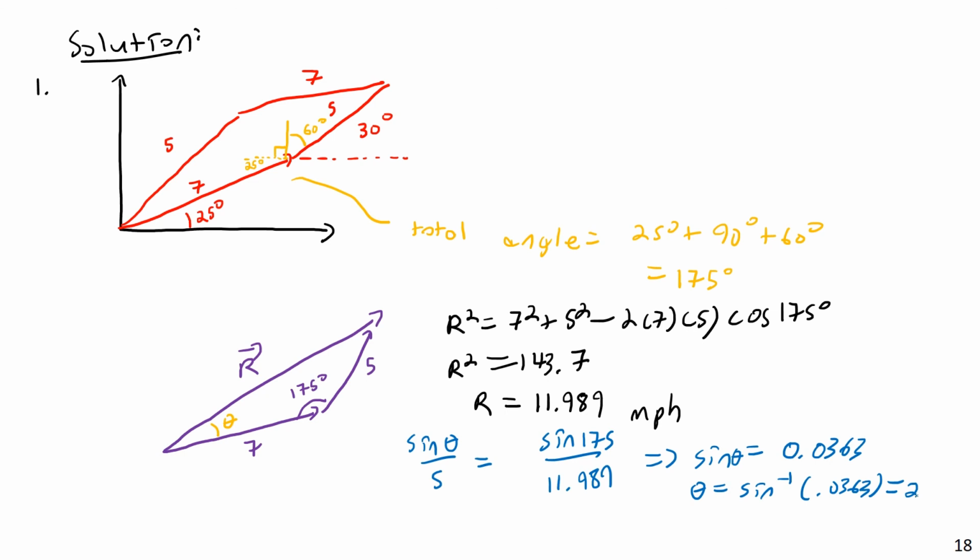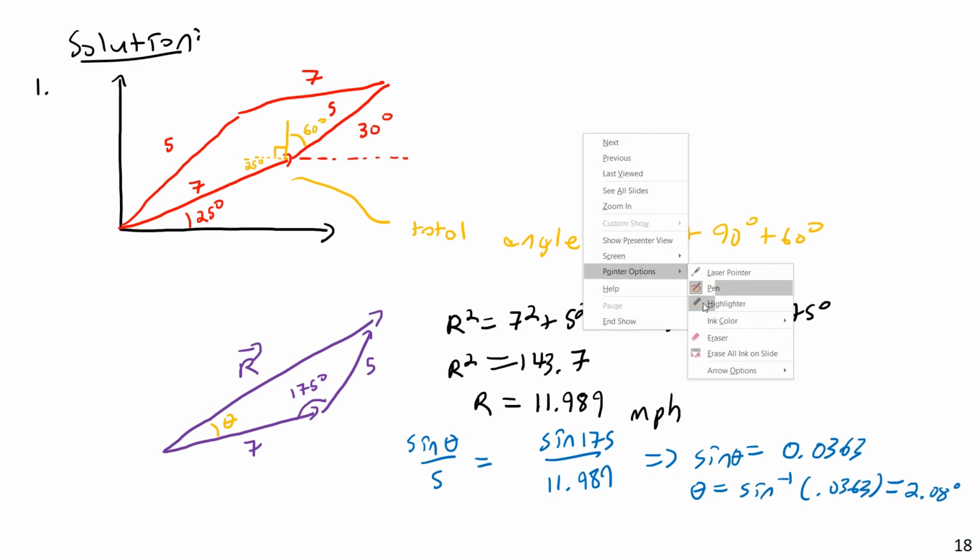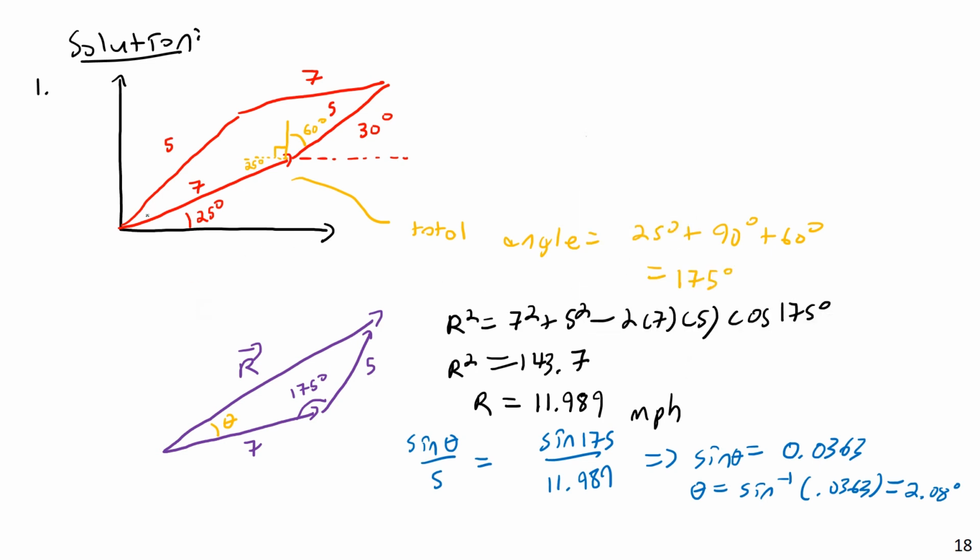So still something you could measure with a protractor if you wished. So that means the angle from here to here is 2.08 degrees, which means I can then find the overall global angle.